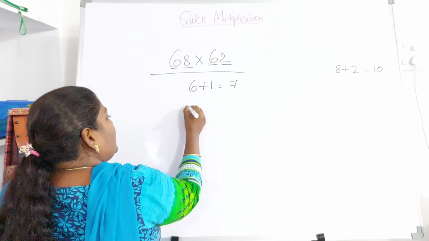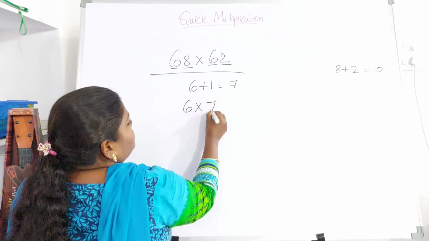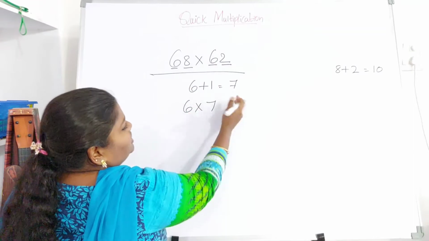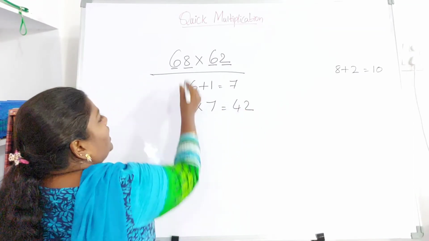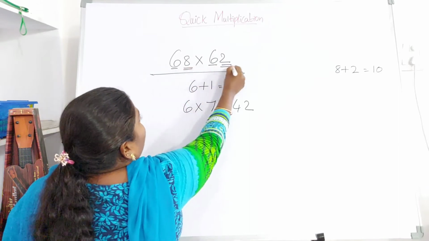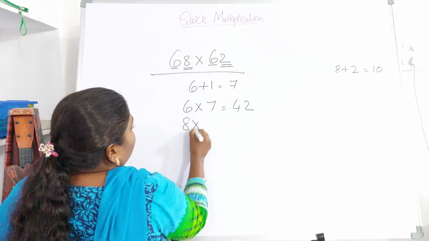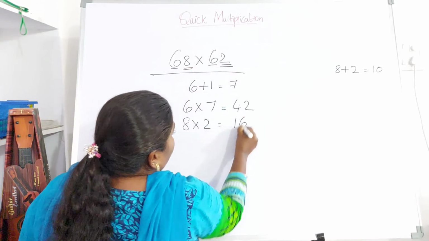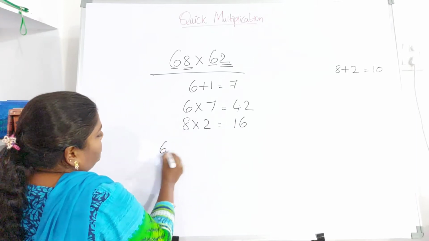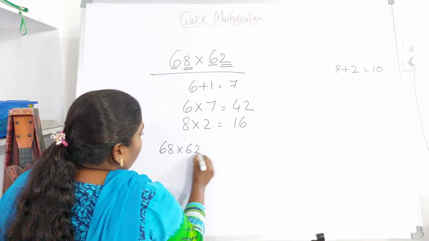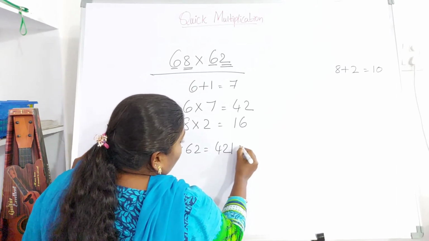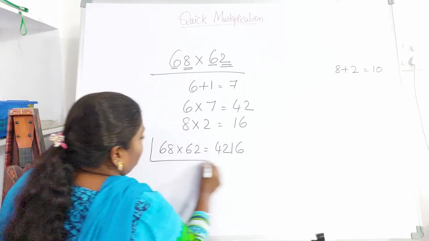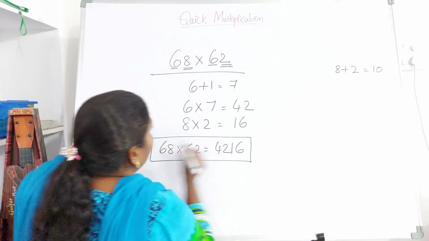Now multiply 6 into 7, that is 42, and multiply the ones digits, 8 into 2, that is 16. So 68 into 62 is nothing but 4216.